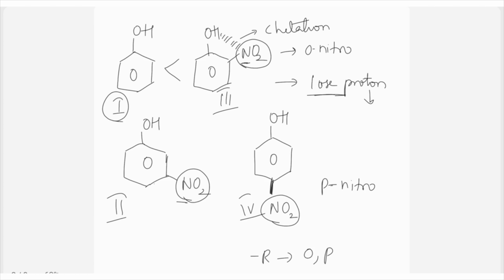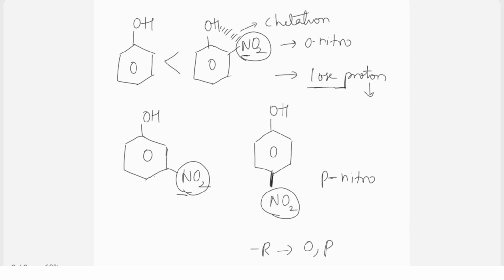Or else I'll give the positions this way. The order of acidic nature is paranitrophenol takes the first position, then comes the orthonitrophenol, then comes the metanitrophenol, and in the least position there is phenol.